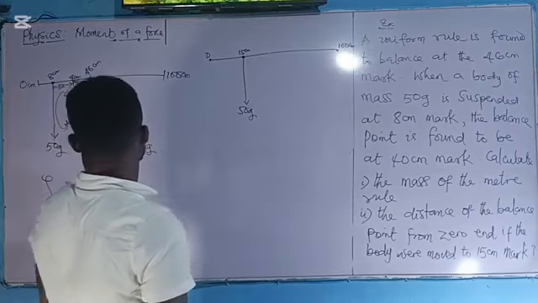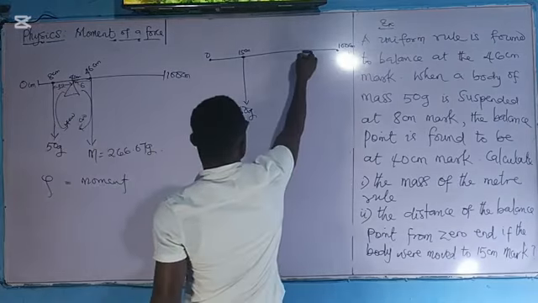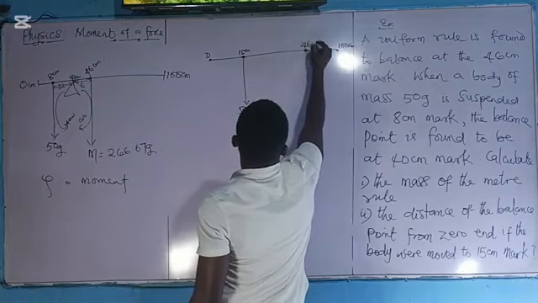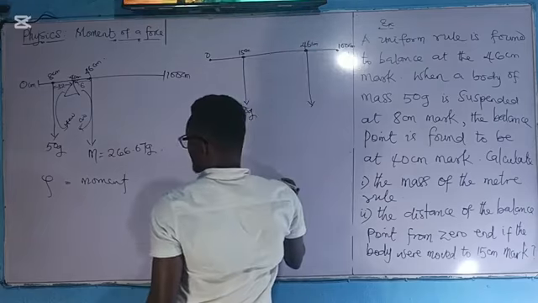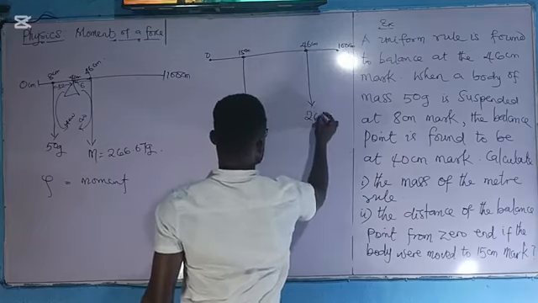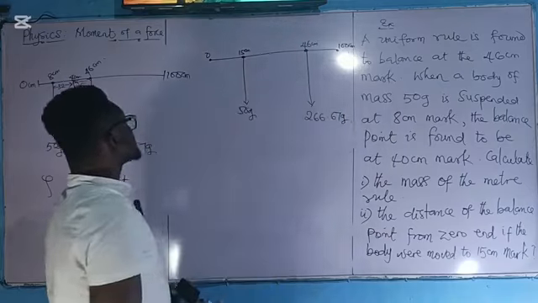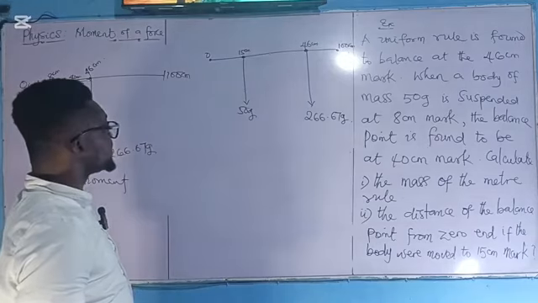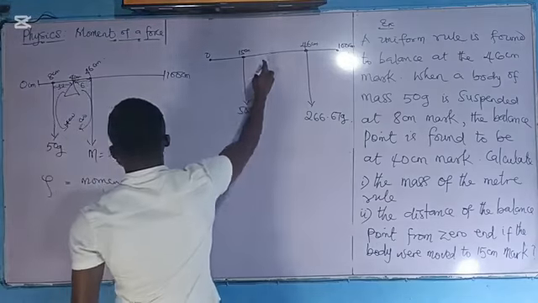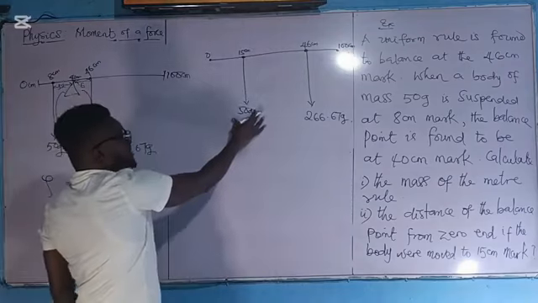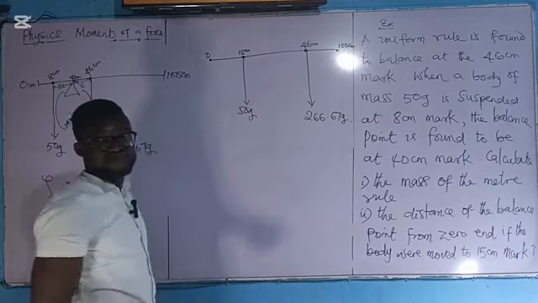Remember, we have the mass at the 46 cm mark, right? That's the mass of the body, which is 266.67 gram. So at this very point, the center of gravity will no longer be 40 again because of this change in distance of 50 grams.